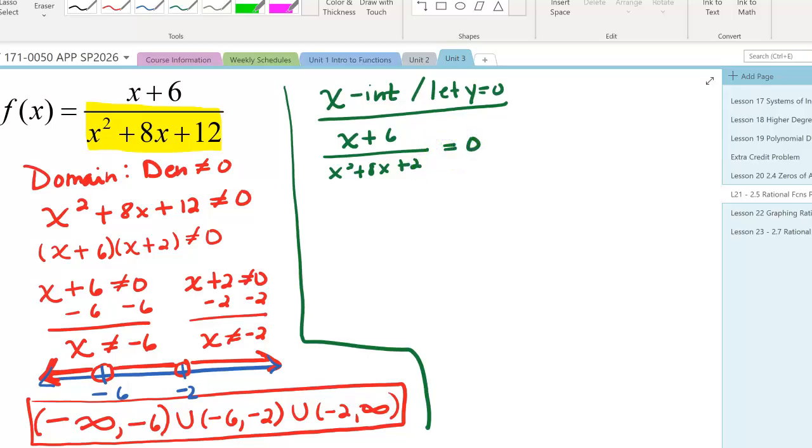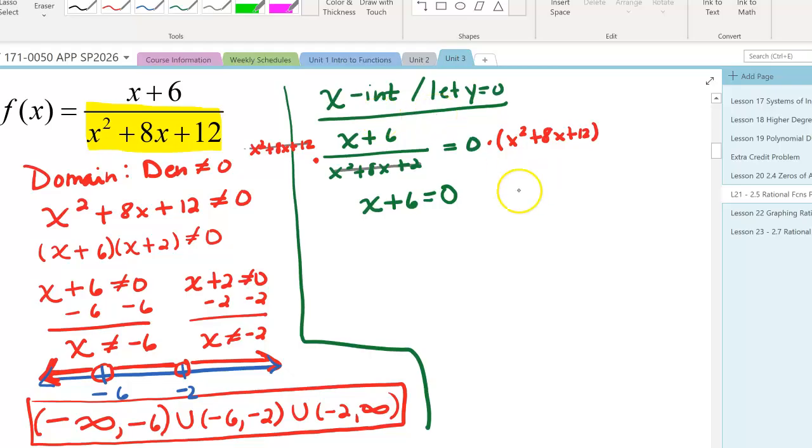But then in the next step, to solve for this, you're going to multiply by the denominator. And on the left, the numerator will cancel out with the denominator, and you'll just be left with x plus 6. And on the right, 0 times anything is just 0.